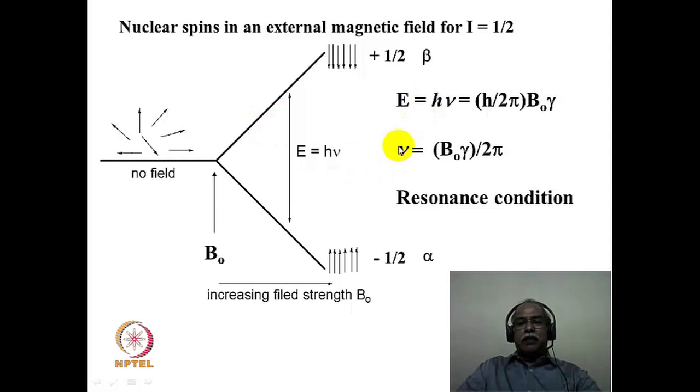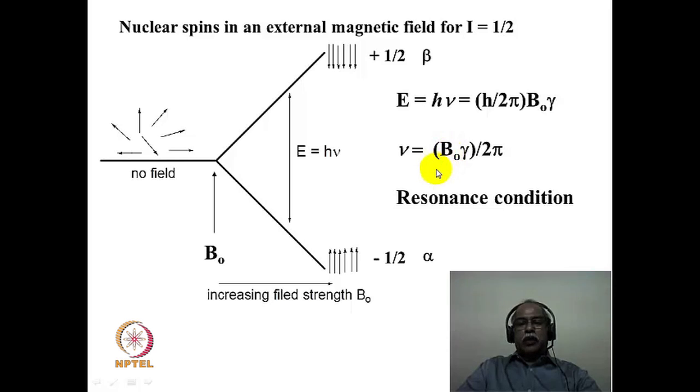The equation is simplified: nu, the resonance frequency, is proportional to B0, the applied magnetic field, and gamma, the gyromagnetic ratio of the given nucleus. From this equation you can easily figure out that for every nucleus where gamma is different, the frequency will be different for a given magnetic field strength.